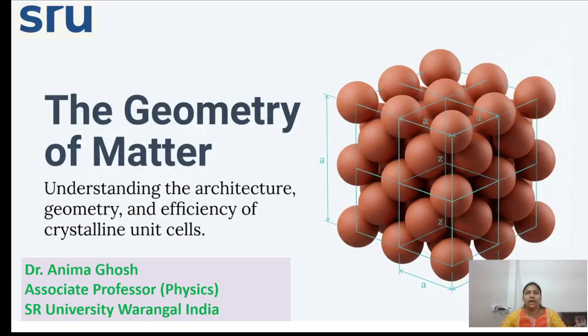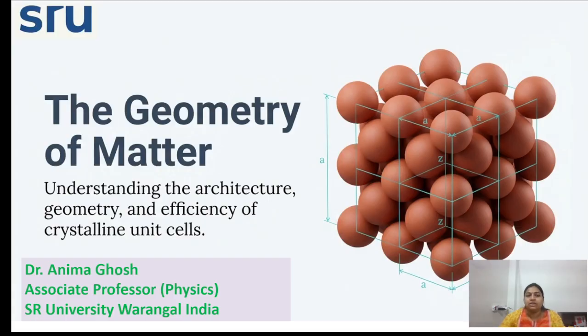However, these atoms do not completely fill the space. There are always some empty gaps between them. To understand how efficiently the atoms are packed within a crystal structure, we use the concept of atomic packing factor.